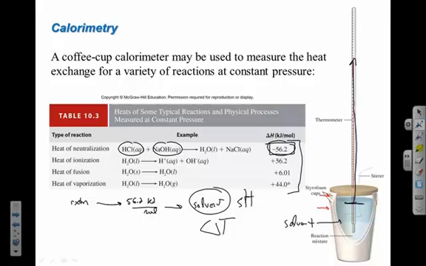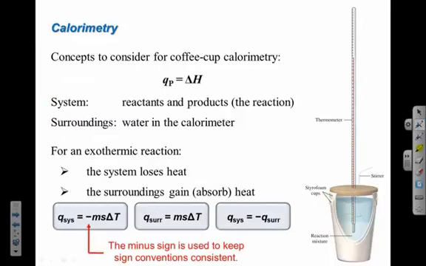I measure how much the temperature changes. I know the specific heat of the solvent absorbing that energy. I can tell how much of an energy change there was from the reaction. So that's delta H for the reaction. I've just measured that. So you can look up delta H for lots of reactions, but you can also measure it if it's a new reaction that you're not really familiar with.